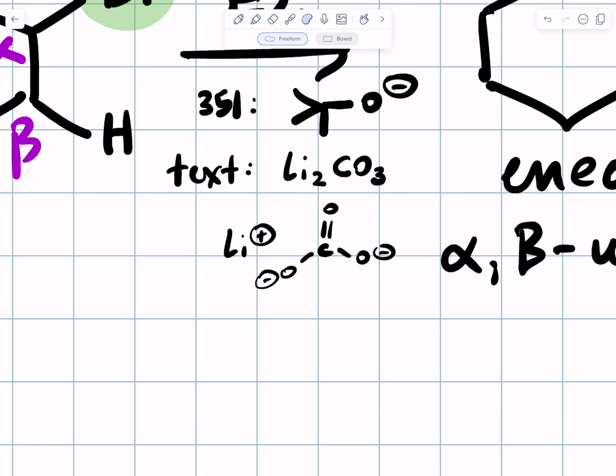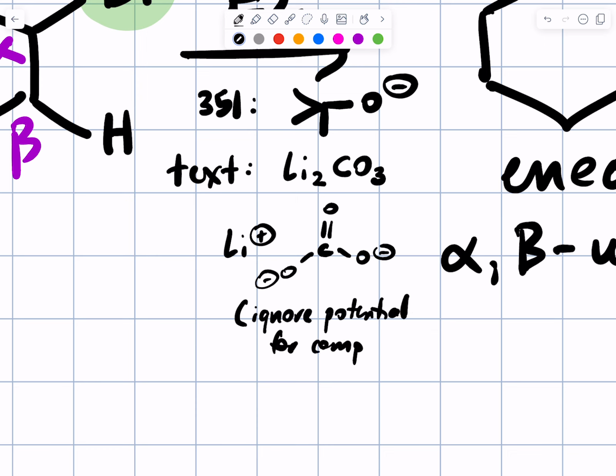We've never really used it before for that purpose in 351, and presumably your text just ignores the potential for a competing SN2. So even though this base is not on your list of non-nucleophilic bases that only do elimination, when you see it in your text, that's what they're doing.